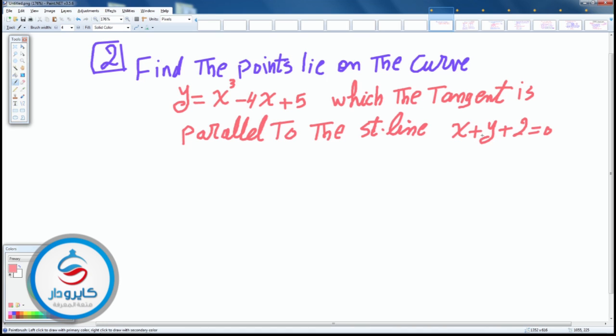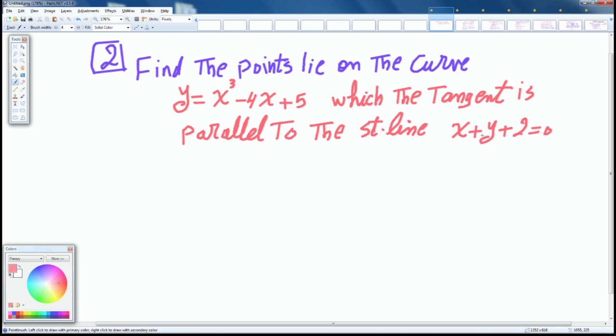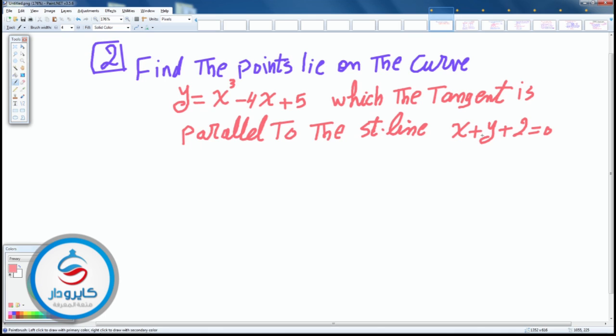Tangent means the first derivative, y dash or dy over dx, and we put this derivative y dash equal to the derivative of the straight line x plus y plus 2. So how could we find the points? Find the points means we have to get two different values: first the value of x, second the value of y. So how could we get the value of x to get the value of y? We will try to find it together now.